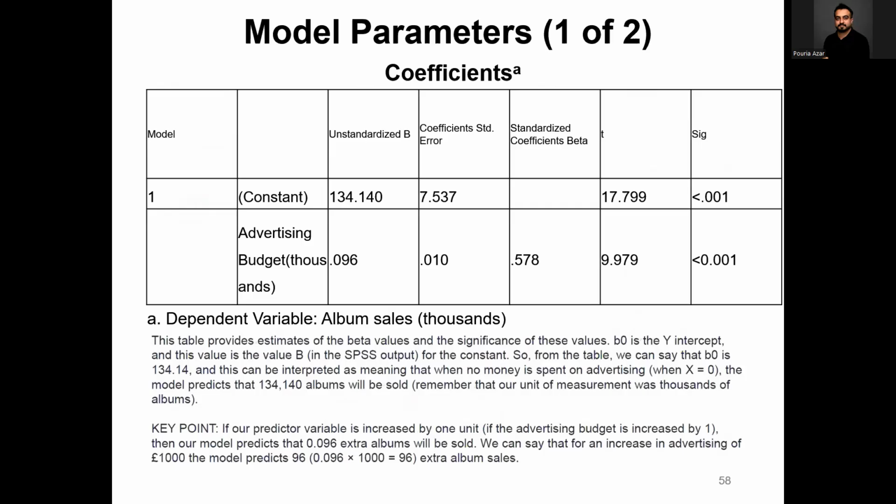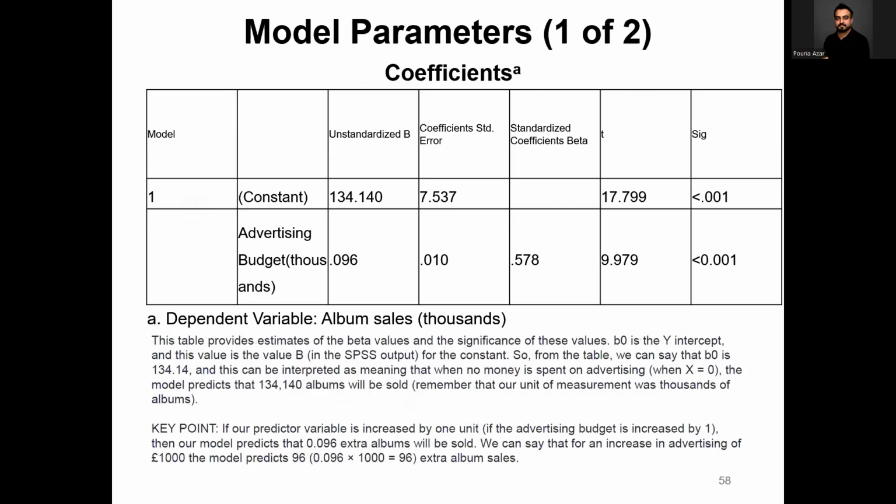B0 or the constant is the y-intercept, and this value is the value B in the SPSS output for the constant. So from the table, we can say that B0 is 134.14.